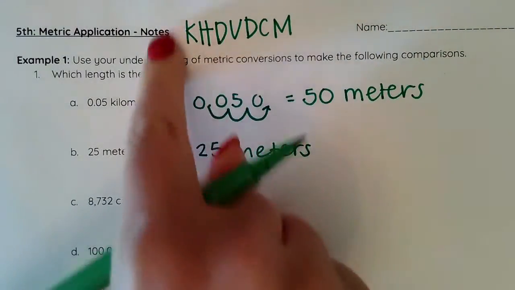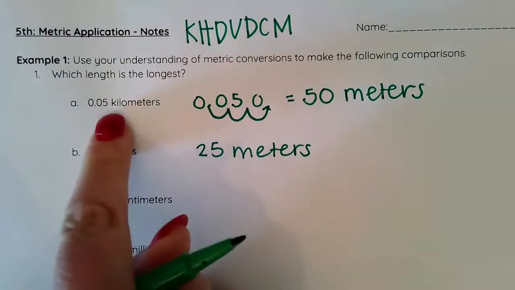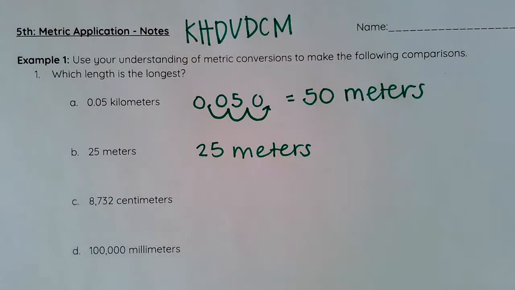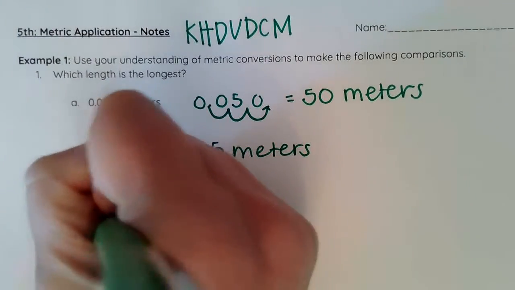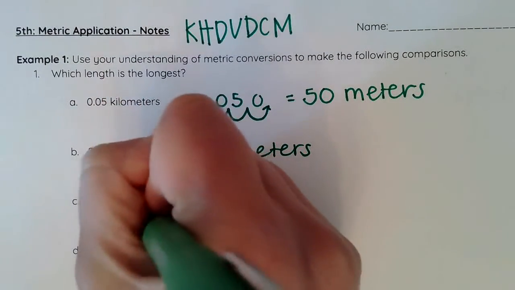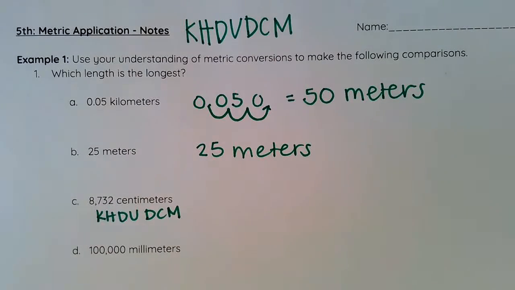Now, if you want to rewrite this to help you convert every single time, you are definitely welcome to do that. That is okay. We can do that for this next one. Here, we've got 8,732 centimeters. So I'm going to rewrite my King Henry doesn't usually drink chocolate milk. Kilo, hecto, deca, units, deci, centi, and milli.